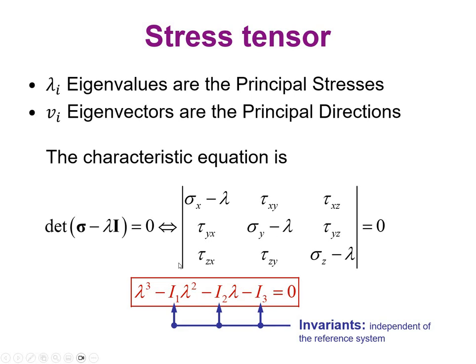And additionally to this concept of eigenvalues and eigenvectors that give us the values and the directions of the principal stresses, there are 3 numbers that are called the invariants of the stress tensor.